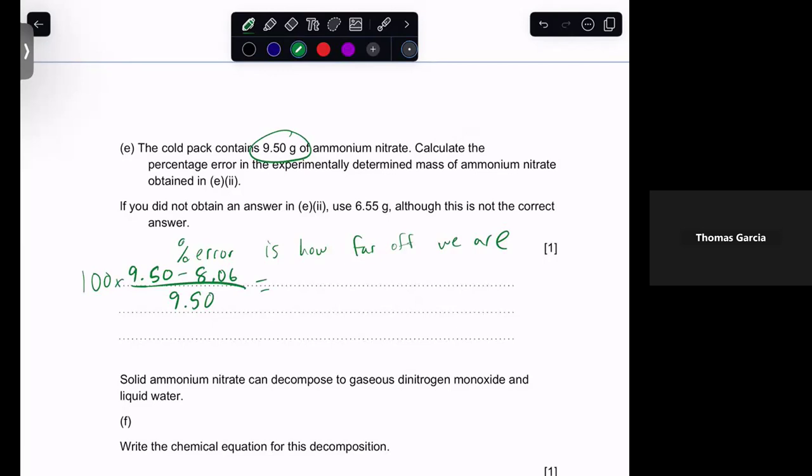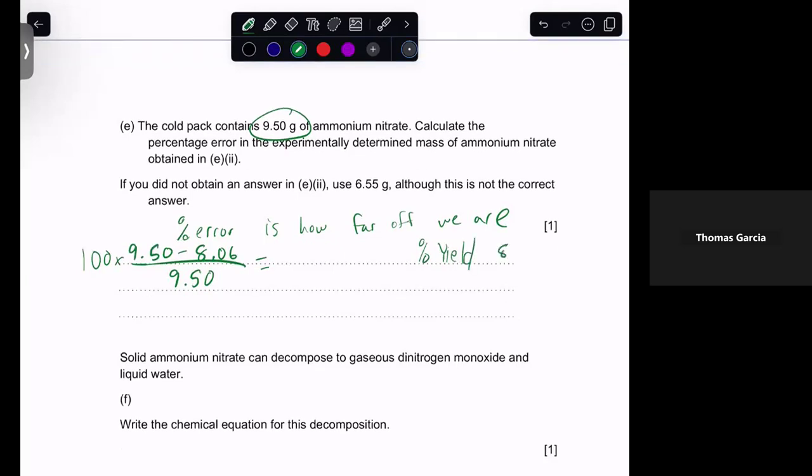The other way we can do it is find our percent yield. With our percent yield, 8.06 divided by 9.50 times 100, then we get some value as well. And let's see what we can spot between these values. The correct answer is 15.7, and this value is 84.3.